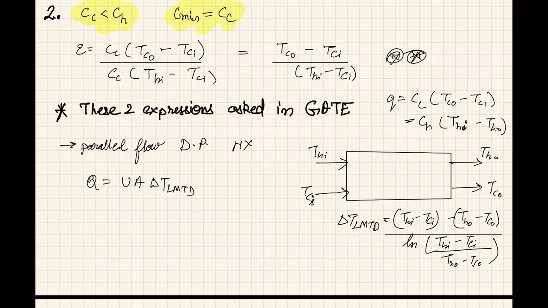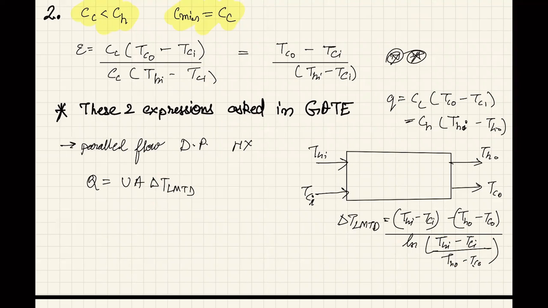I hope I can do that. And then after doing that, write this delta T LMTD in terms of this, replace the numerator by Q, CC and CH, and rearrange so that this ln term goes to one side and everything else is on the other side.